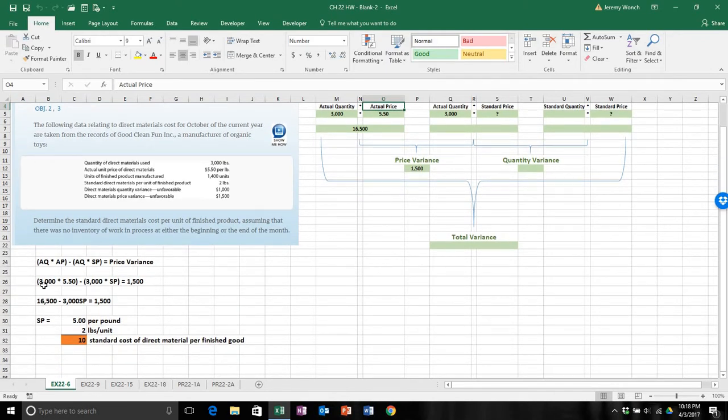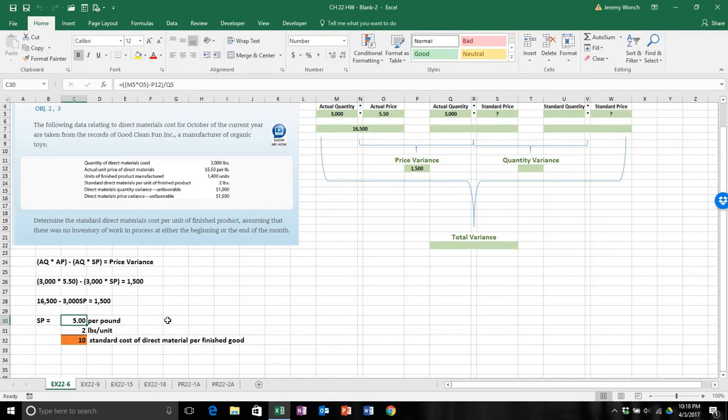So we can write the formula 3,000 times 1,500, which is what we have right here, minus 3,000 times our standard price, which is what we have right here, equals 1,500. Now we just have to solve for our x. So we can rearrange it. We ended up solving for it, and we have a standard price of $5 per pound.